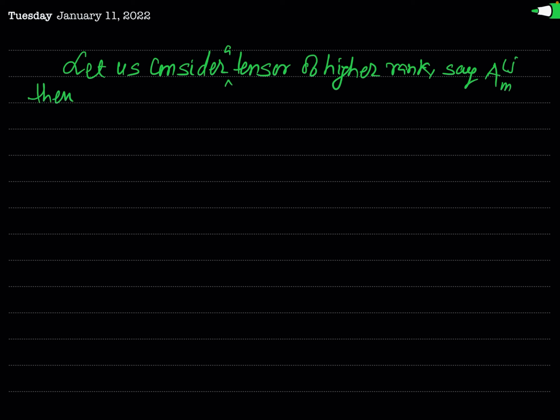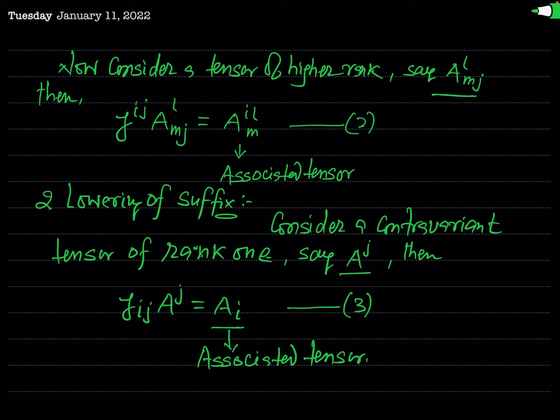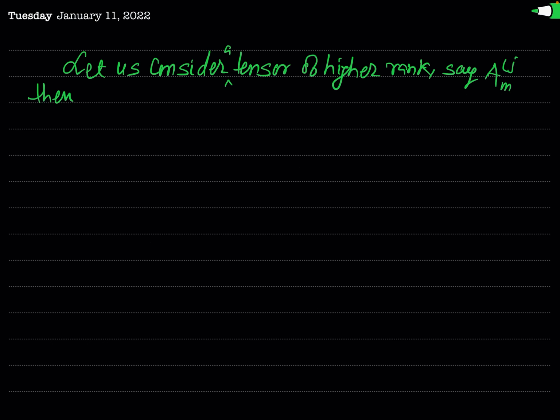Then if you want to perform the operation of lowering of suffix, you again have to take the inner product of this given tensor with the covariant fundamental tensor. So we will take the product of G sub ij with this given tensor A super lj sub m.